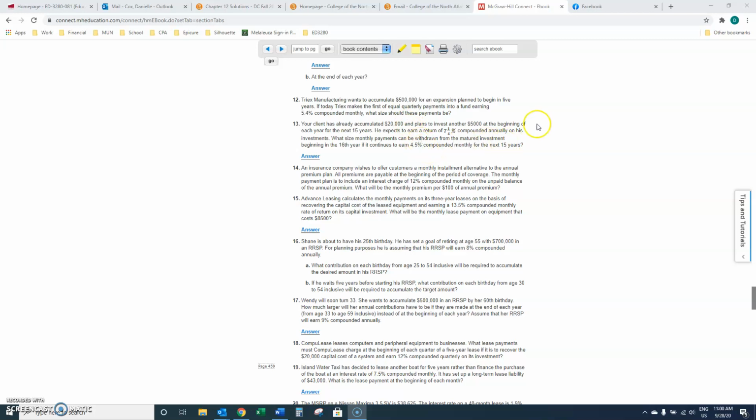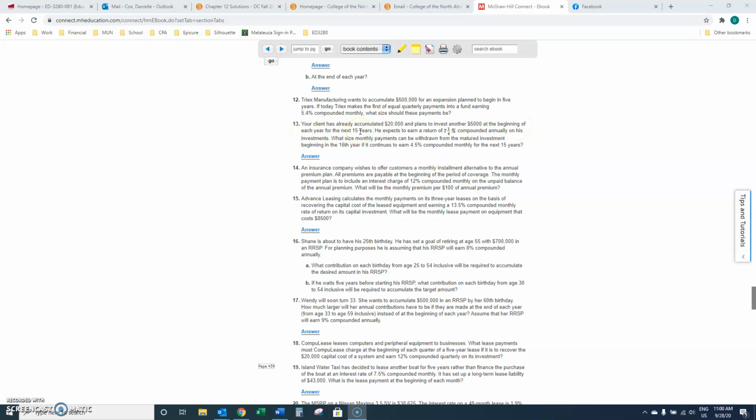First we have to figure out, with these payments, how much money he will have after the 15 years. So $20,000 now is going to be invested and earn 7.25%. Plus, he's going to make payments of $5,000. So we have a present value of $20,000 and payments of $5,000. It's at the beginning, so you set your calculator to beginning.